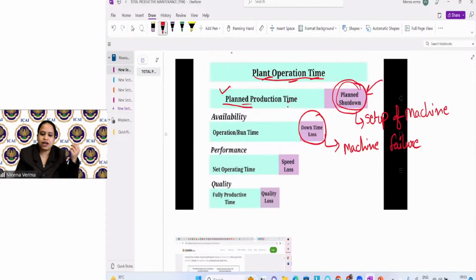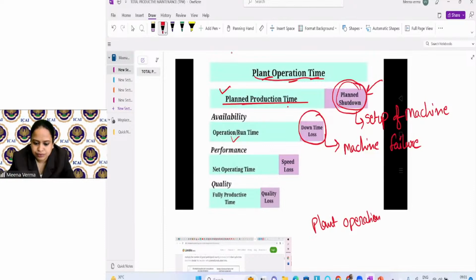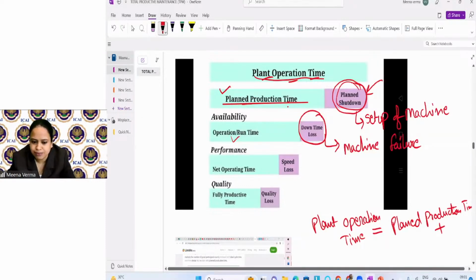So planned production time will be equal to operation time or run time plus setup time. Okay, then what will happen? I hope it is clear. First we consider plant operation time, which will be equal to planned production time plus planned shutdown.